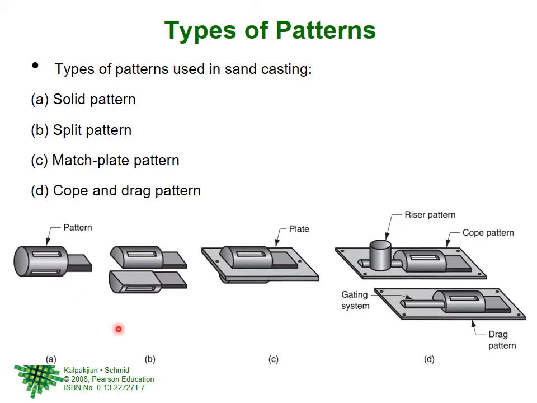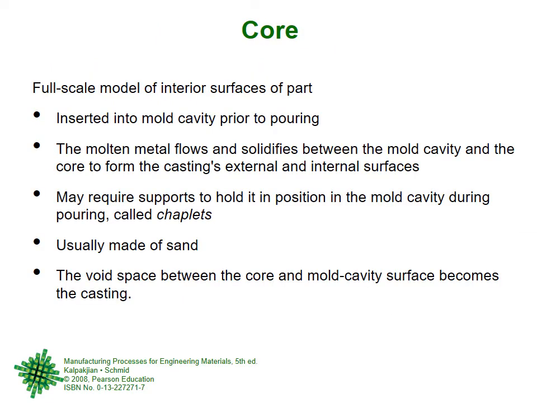Then you remove that, you use the drag part and you use the same again very carefully. And right, so you can use a single solid pattern or a split pattern or a match plate pattern, and it depends on what type of facility you have and what are the preferences of the pattern making and mold making engineers there.